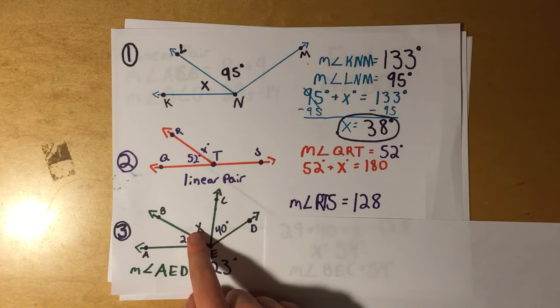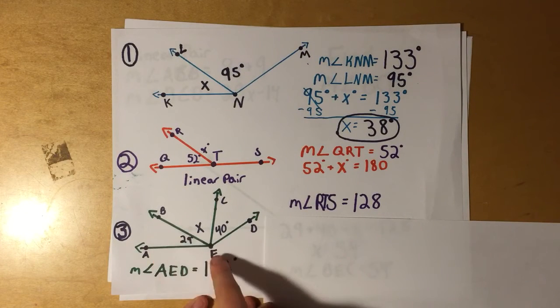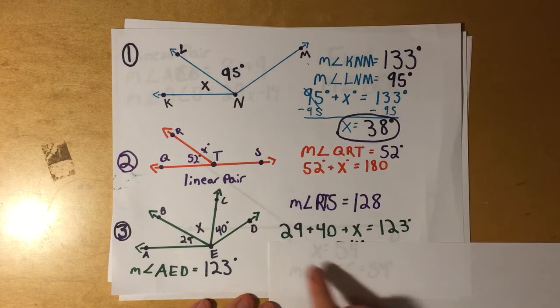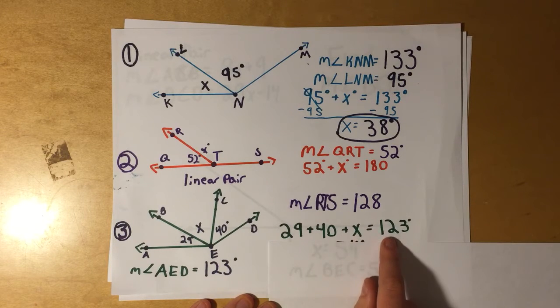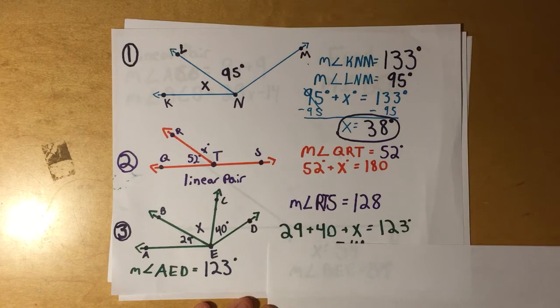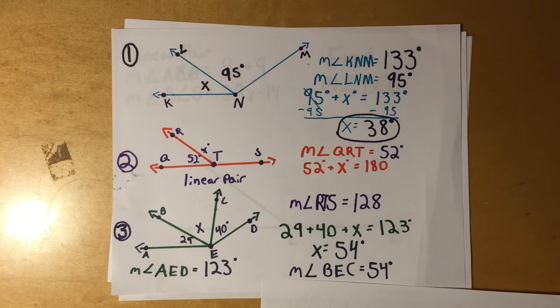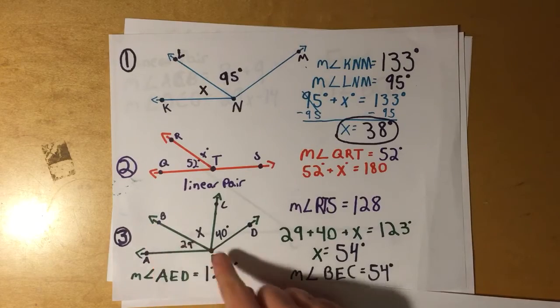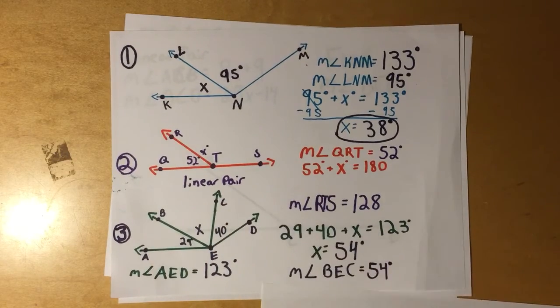So to find x, or angle BEC, we set up an equation, 29 plus 40 plus x equals 123. Solve for x, and because x equals 54, the measure of angle BEC is 54.